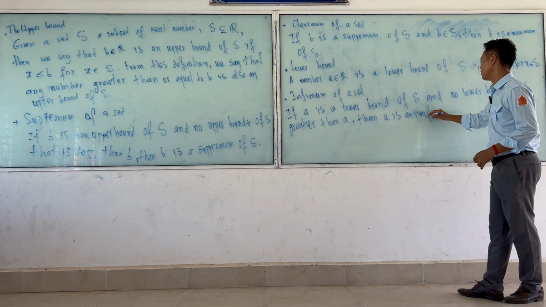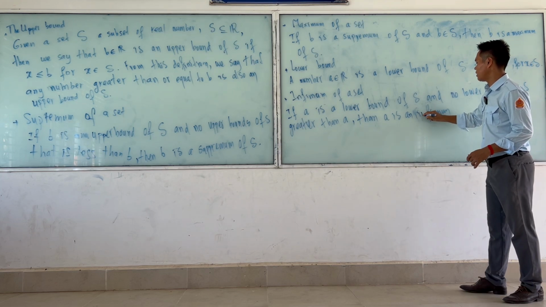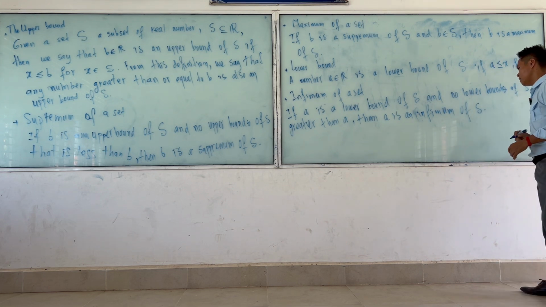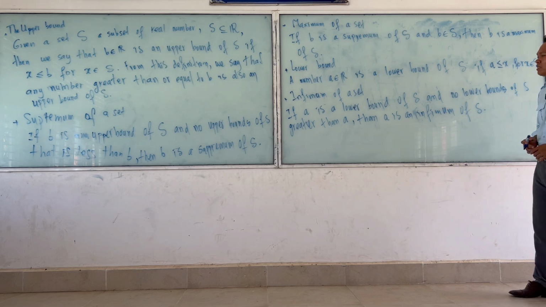Infimum of what? Infimum of S. So from this definition, we can say that an infimum of a set S is the greatest lower bound of S. So to find the infimum of a set S, we can find all the lower bounds and then choose the biggest one, the greatest one.